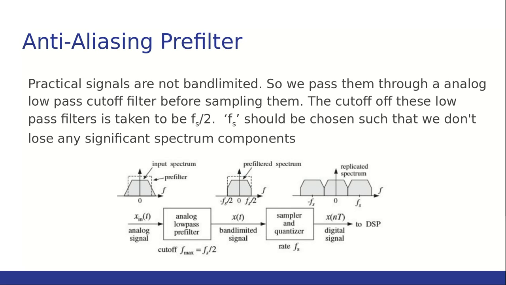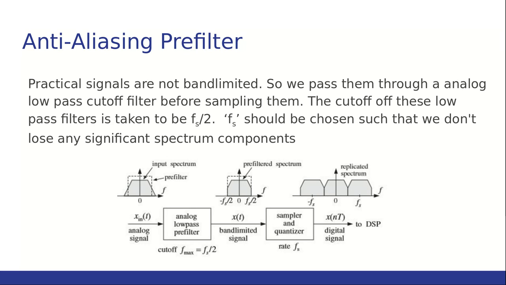Now let's discuss the anti-aliasing pre-filter, and why it comes into the picture. Practical signals are not band limited, so they don't meet the criterion of the sampling theorem. In order to sample those signals, we pass them through an analog low pass filter before sampling. This helps make the signal band limited.